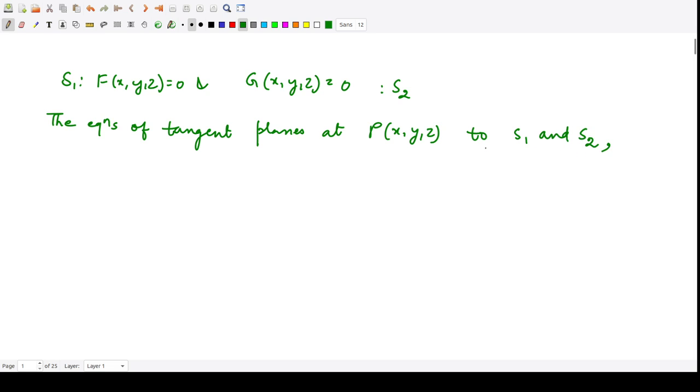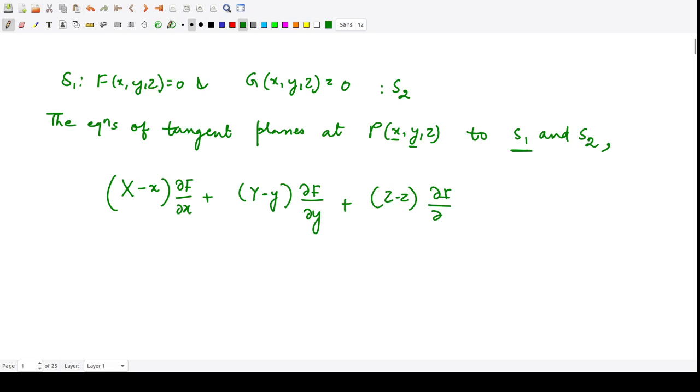Now we already know the equation of the tangent plane to the given surface S1. Its equation is x minus small x, the given point, multiplied by the direction ratio del f by del x, plus y minus y, whatever point is given to you, multiplied by the direction ratio del f by del y, plus z minus z times del f by del z, is equal to 0.